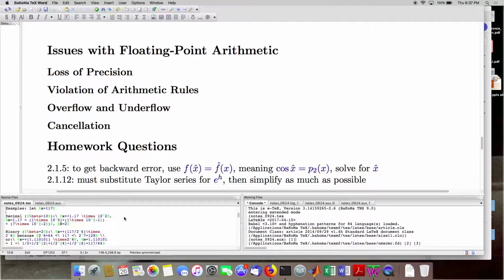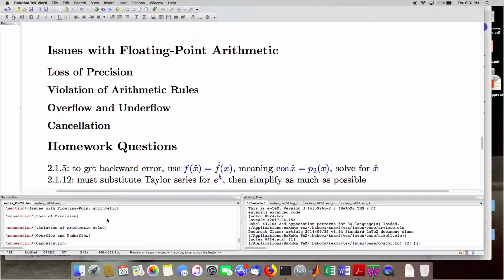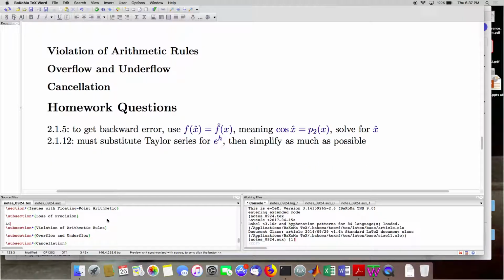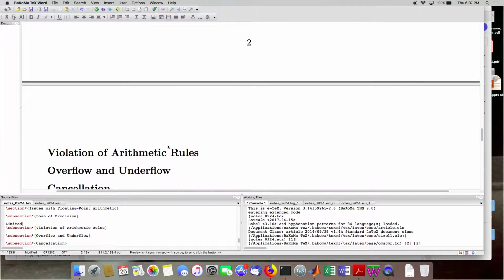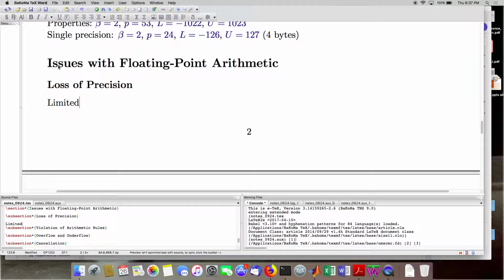So the first issue, the one that leads to many others, is loss of precision. Okay, I'm going to start this on a new page.